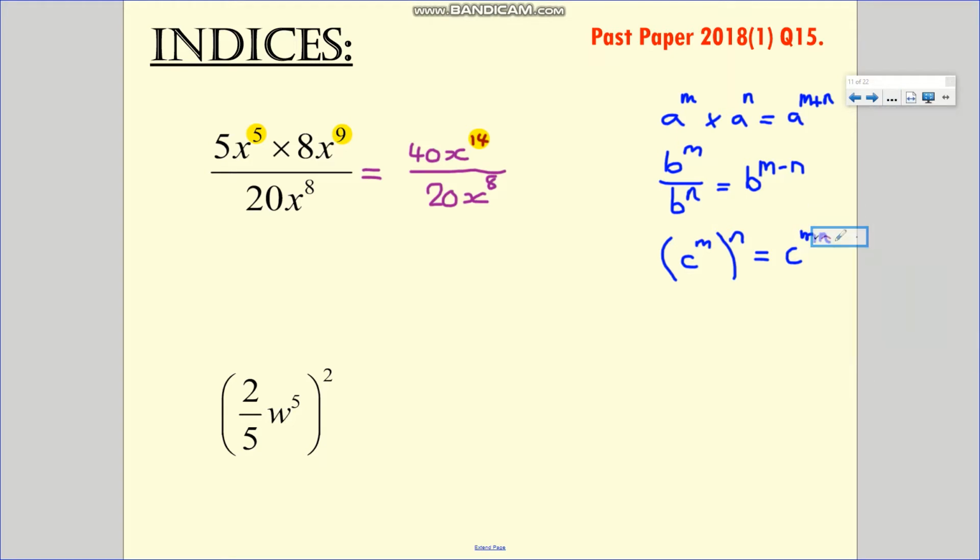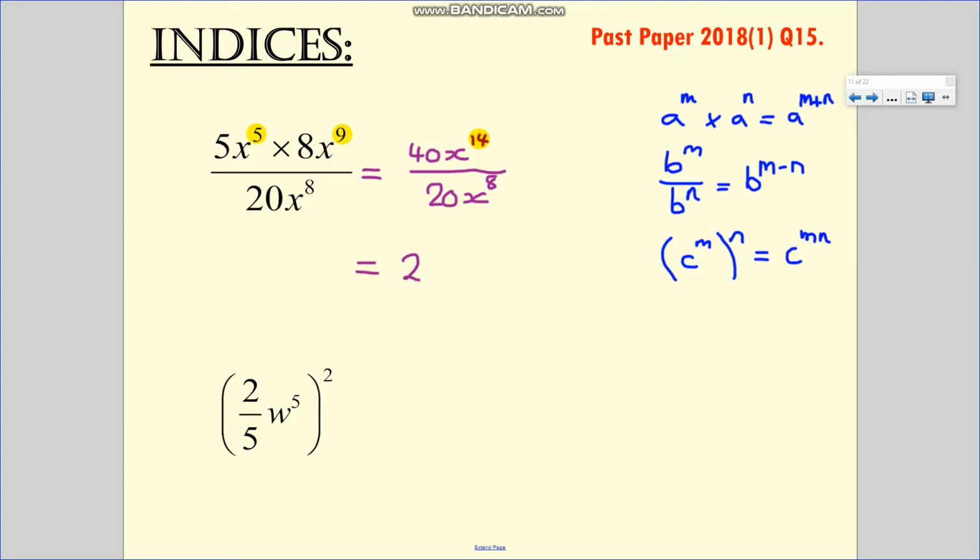The next step we're going to take is the division. We're going to divide 40x to the power of 14 by 20x to the power of 8. Okay, so again, the whole numbers, 40 and 20, just act like they normally would. Alright, 40 divided by 20 leaves you with 2.